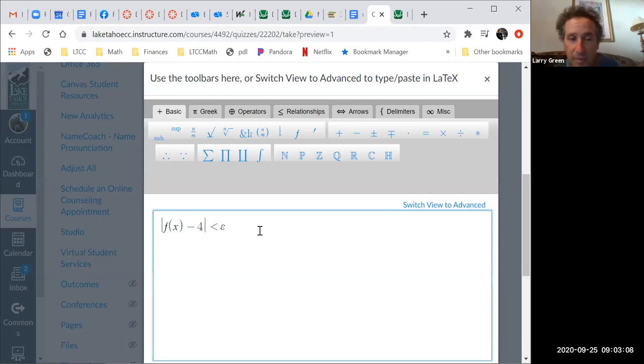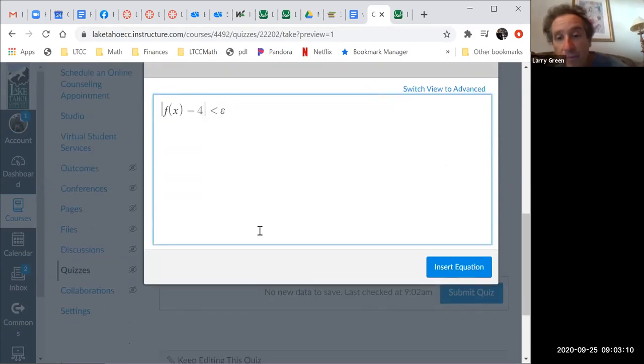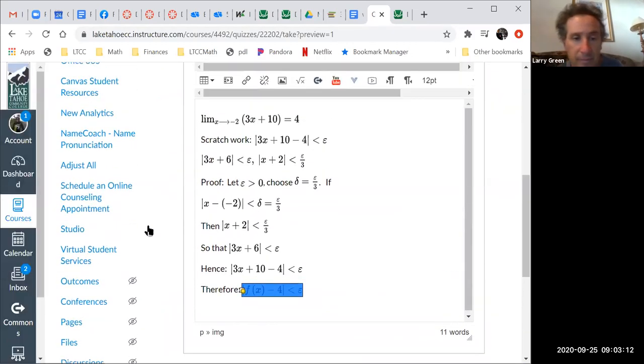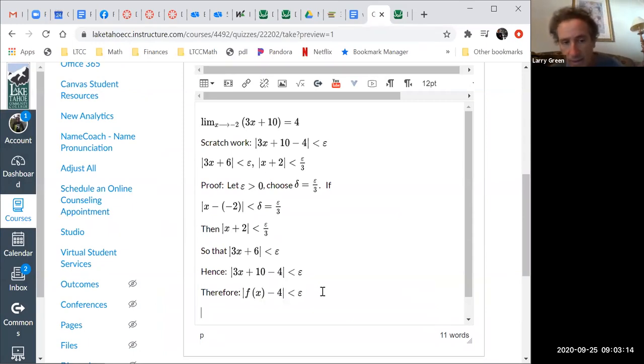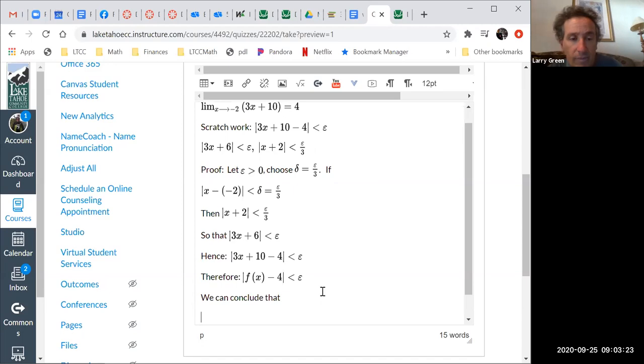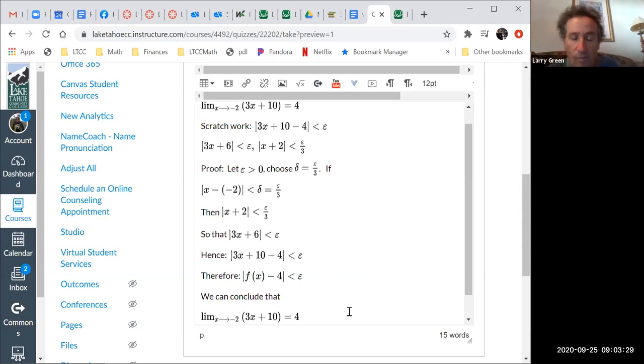Minus 4 is less than epsilon. And that's what we want. So we can conclude that the limit is 4. And I can just copy the limit down. And that's it. That's the whole proof.